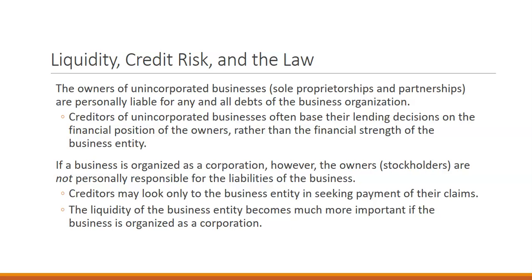But with a corporation, creditors are looking at the business entity because that is what's responsible for repaying those claims. The liquidity of the business entity is much more important if the business is organized as a corporation than if it's organized as a sole proprietorship or a partnership.